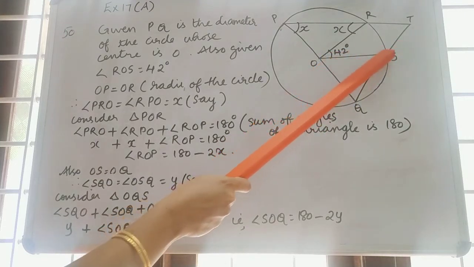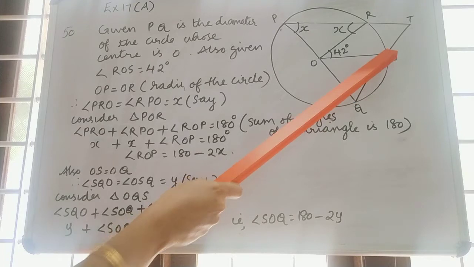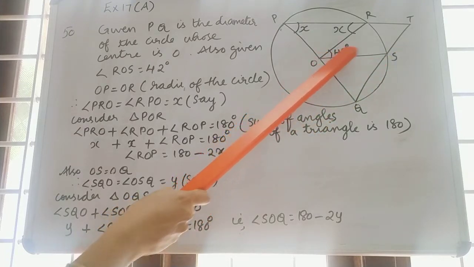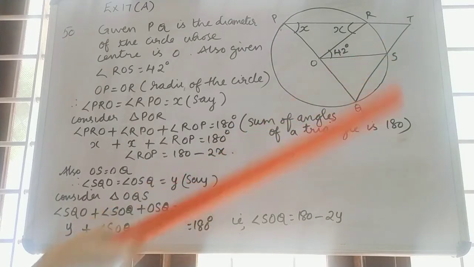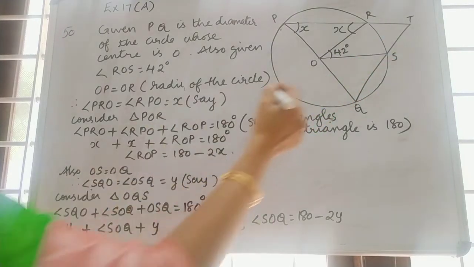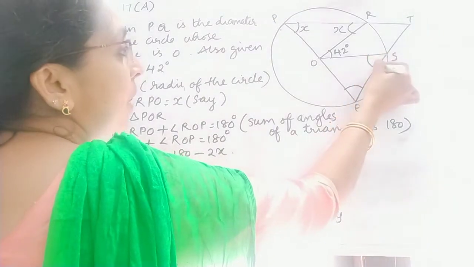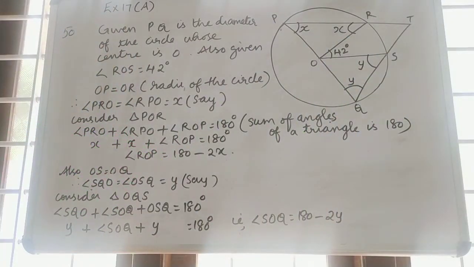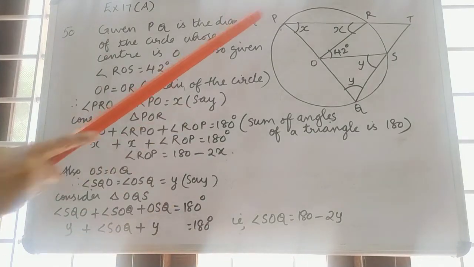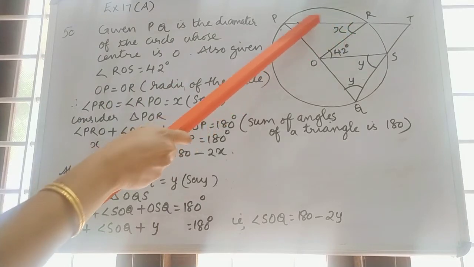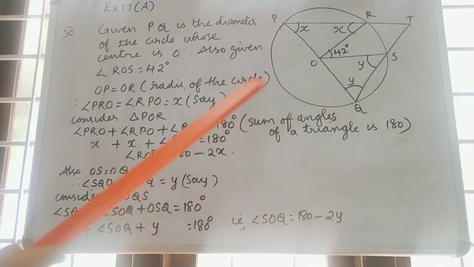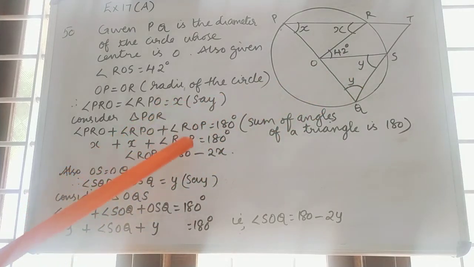So angle SQO will be equal to angle OSQ. These two angles will be equal. We are assuming it as y. So first these two radii we mark as x, and next these two radii we mark as y. So that is x and here y.